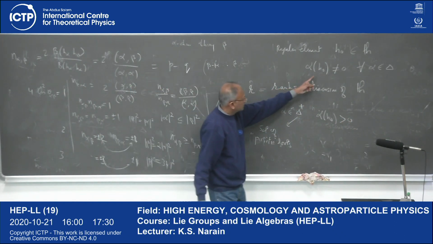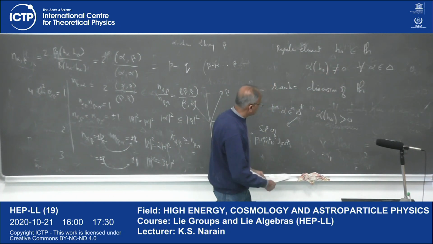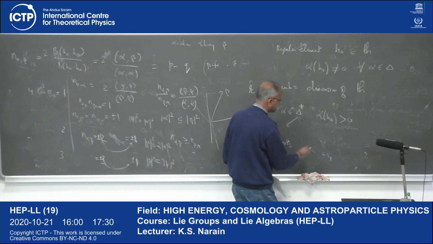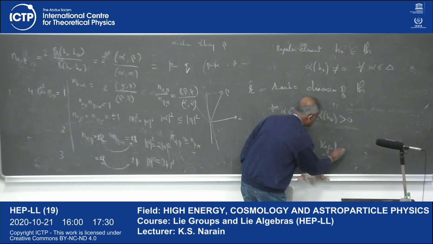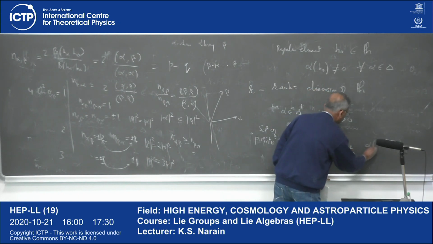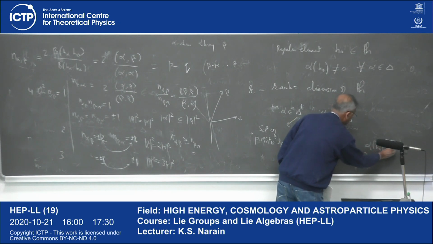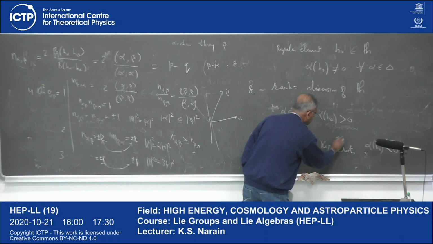Since it is not 0, it can either be positive or negative. And negative roots, with the opposite sign, are the ones for which alpha of H0 is less than 0. Those will be delta minus, alpha belonging to delta minus.